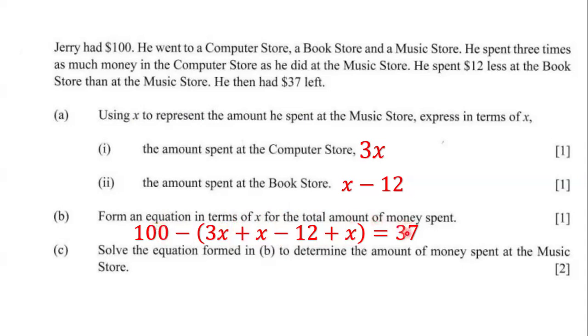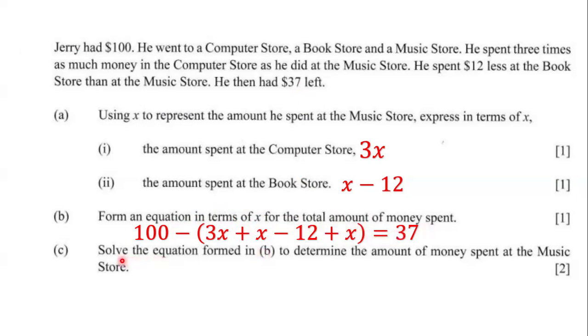When we subtract that sum from $100, we are left with $37, because he had $37 left after he spent the money at the computer store, at the bookstore, and at the music store. And so this is the equation that we have in terms of X for the total amount of money spent: 100 minus open bracket 3X plus X minus 12 plus X close bracket is equal to 37.